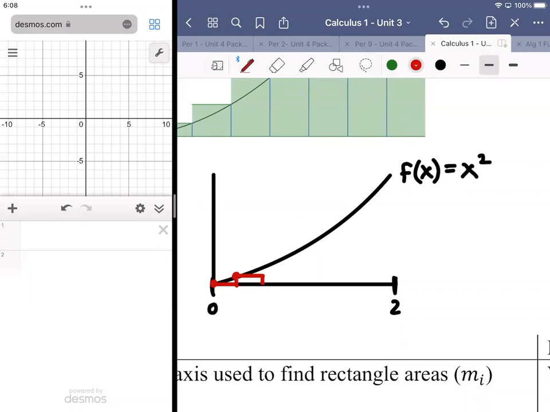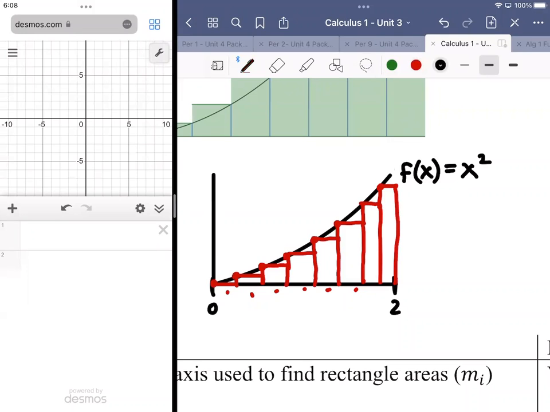So I could plot another point, create another rectangle, another point, another rectangle, and so on. So 1, 2, 3, 4, 5, 6. Another point, another rectangle, another point, another rectangle.